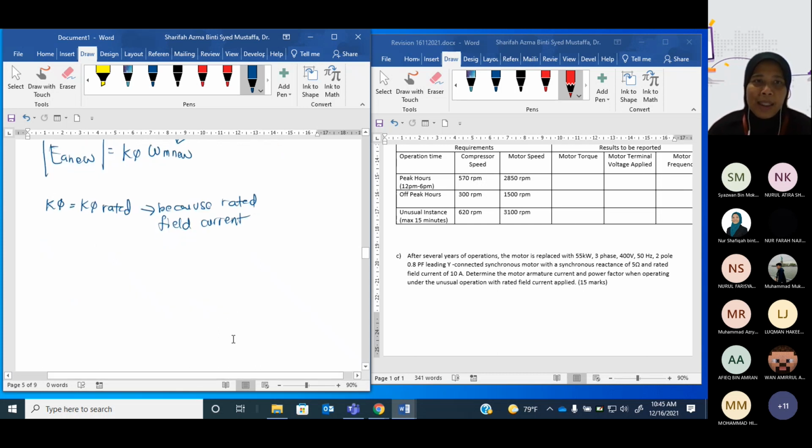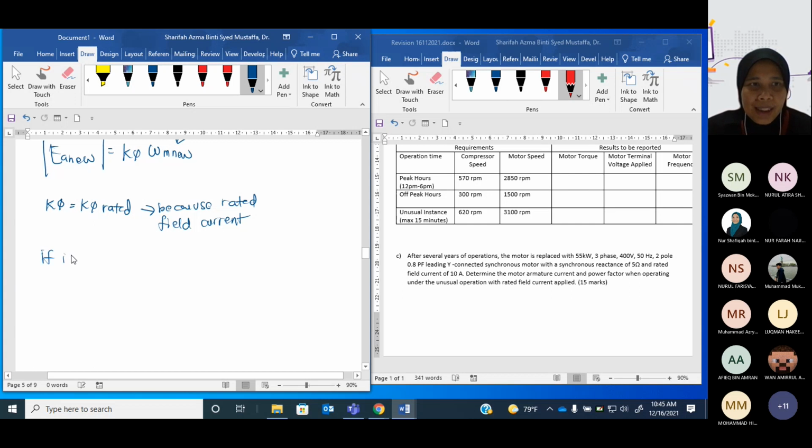So, katakanlah soalan cakap pula, in this case, refer to the question. If the question said that the unusual operation with rated frequency of rated field current of 70%, ataupun dia kata unusual operation at 70% rated field current. Itu pula macam mana?